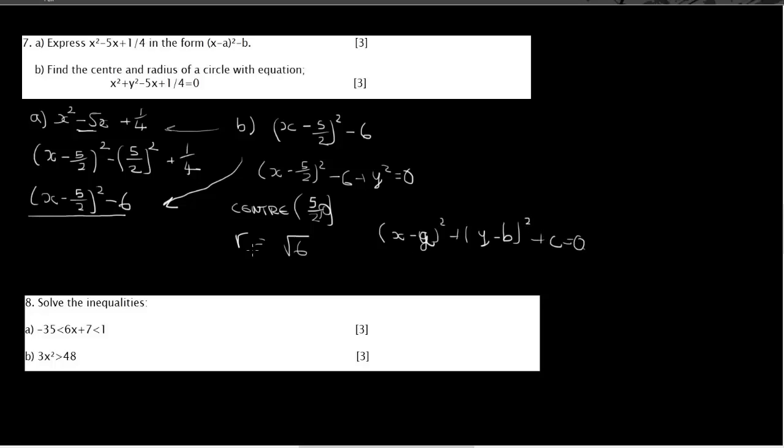And that comes from the equation for a circle.